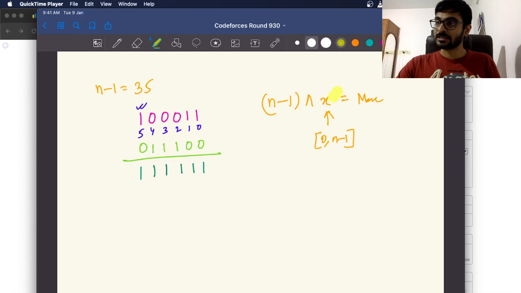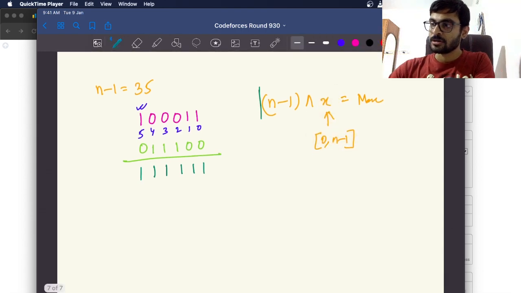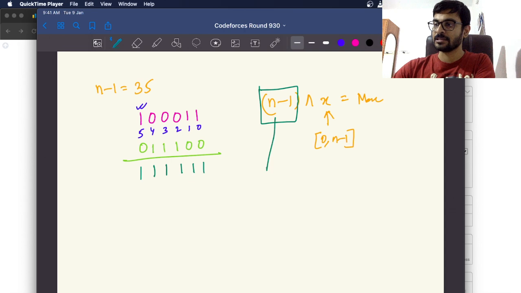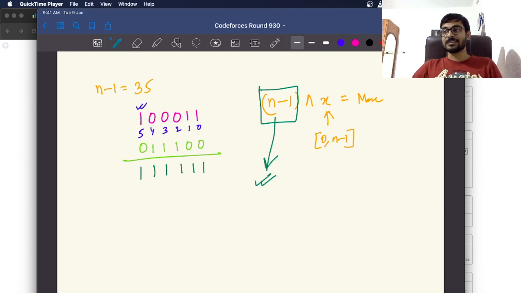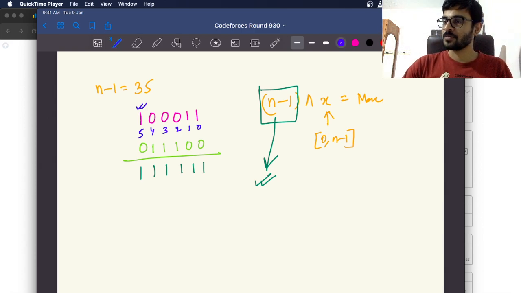If you know that such a number exists, that means this is a good find. If I am able to find this, that solves half of my problem. If I can find this maximum number from my permutation, n-1 is the maximum number. So that was my first step: to find that maximum number.